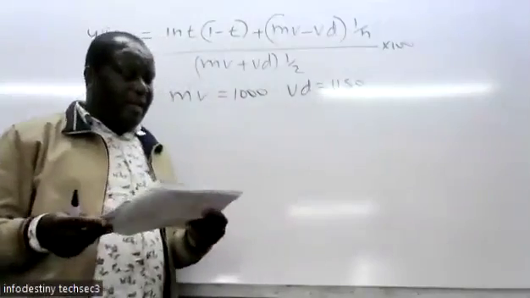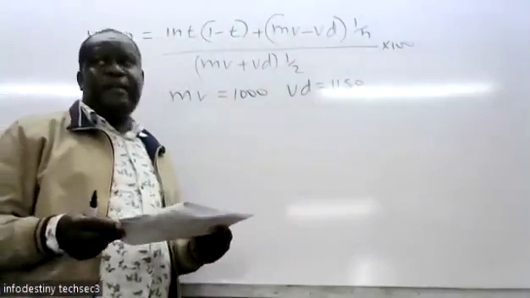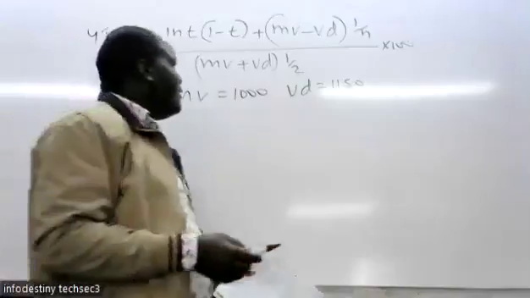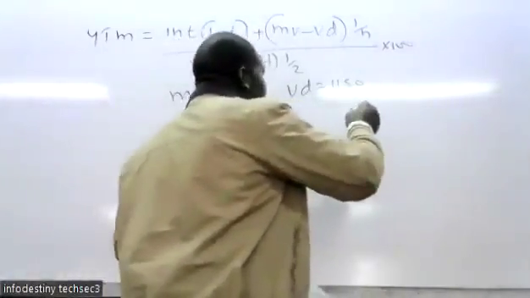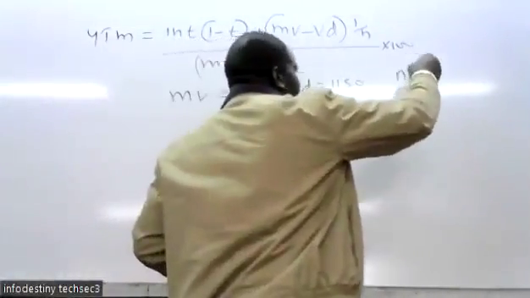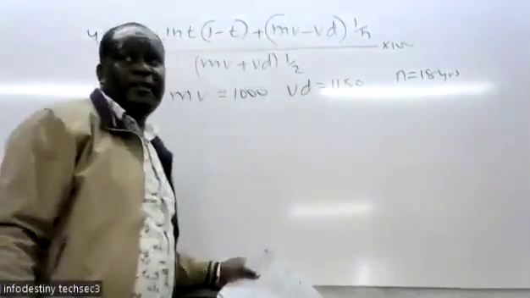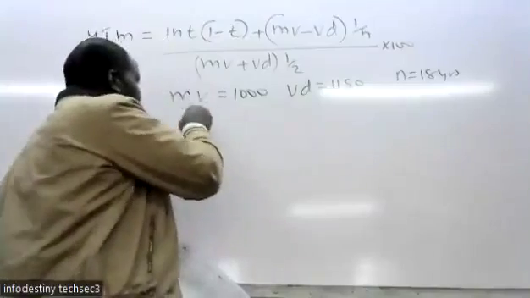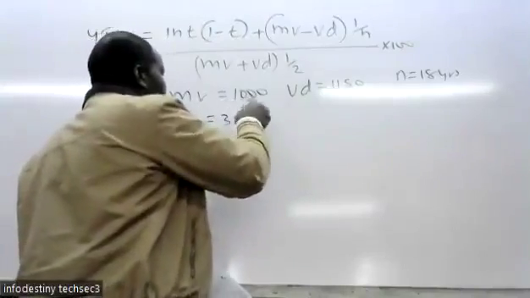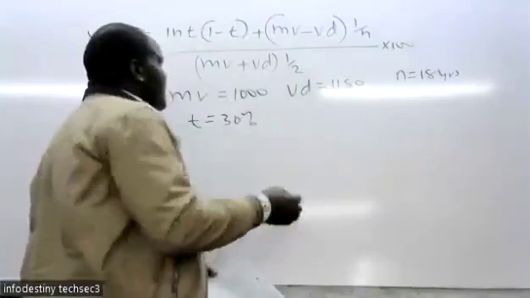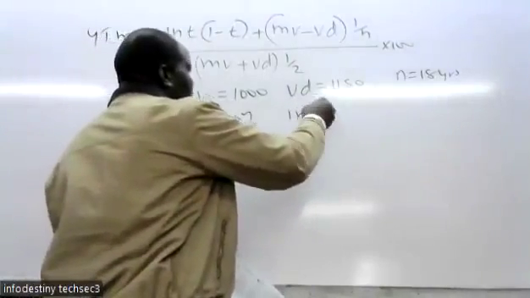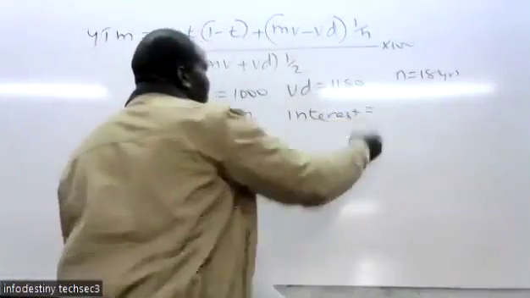You see that it currently sells at 1,150. Then n is still 18 years. Then the tax rate has been given as 30%.